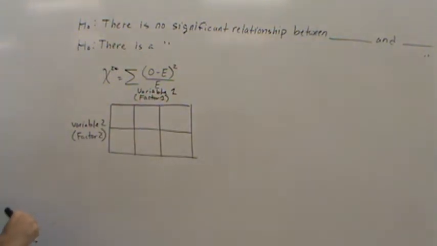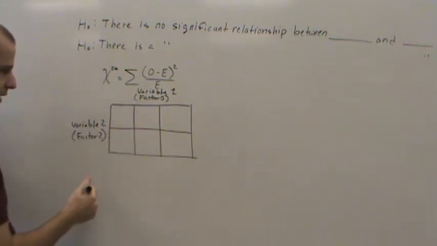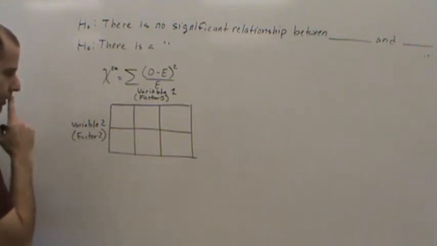Now here we have a 2 by 3 matrix, right? We have a contingency table.